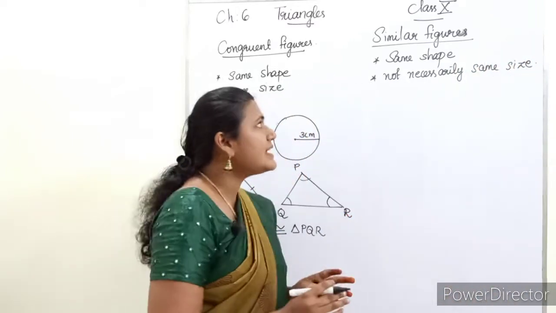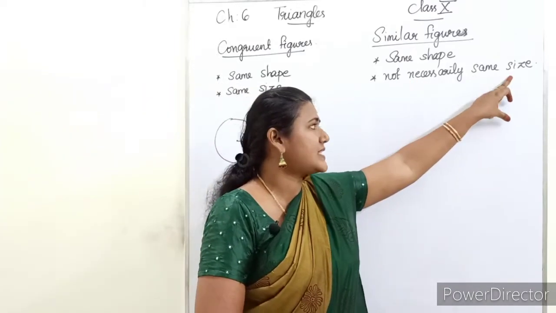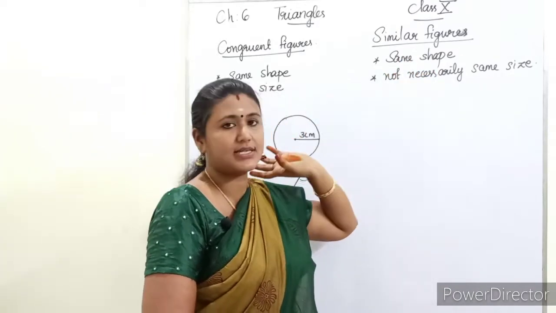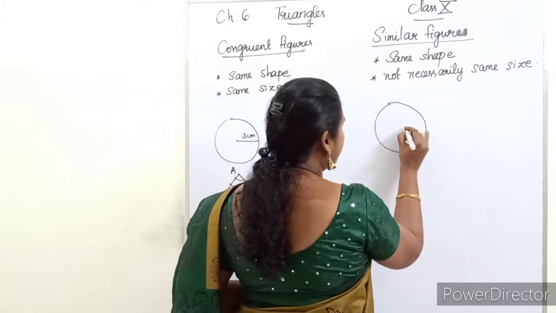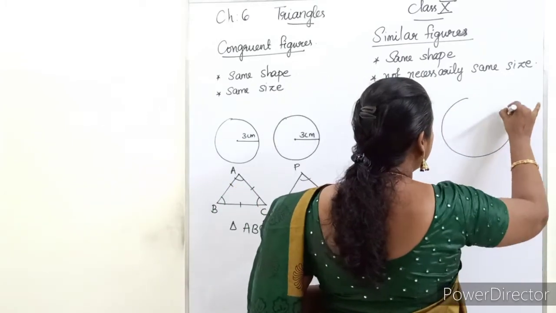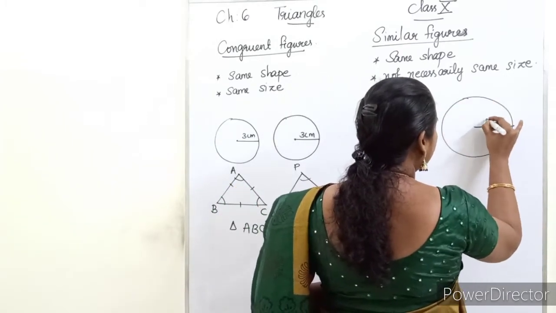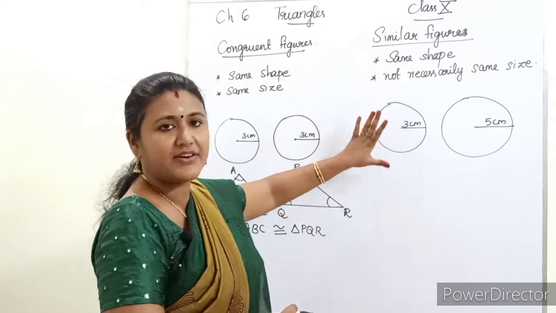Two figures having same shape but not necessarily same size are called similar figures. For example, if I am drawing a circle of radius 3 centimeter and I am taking another circle of radius 5 centimeter, then these two circles I can call as similar figures.